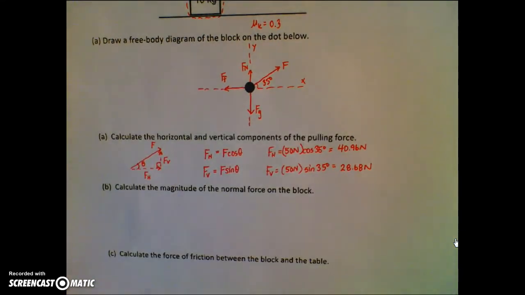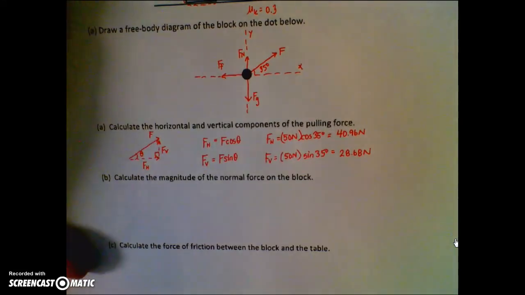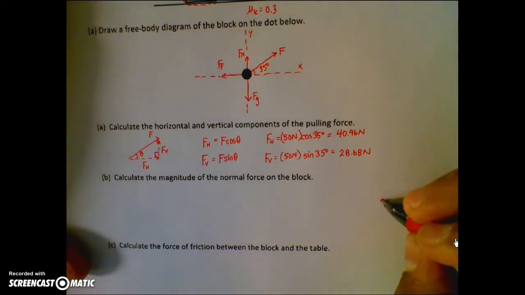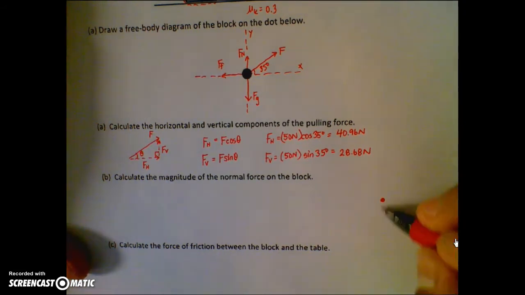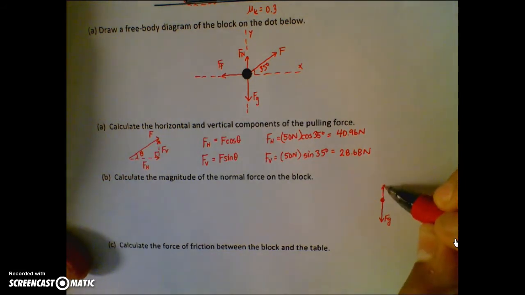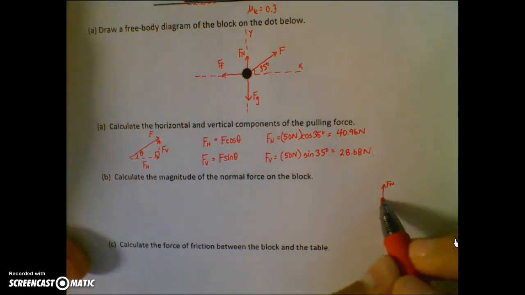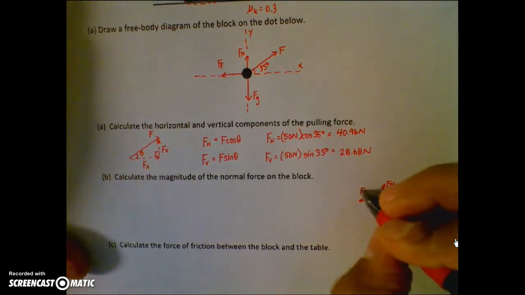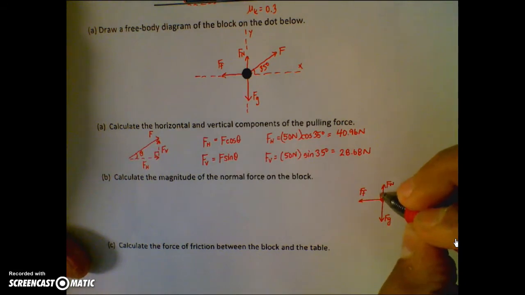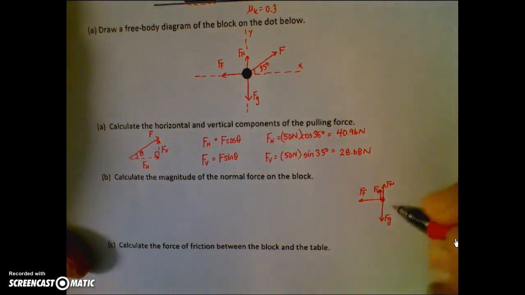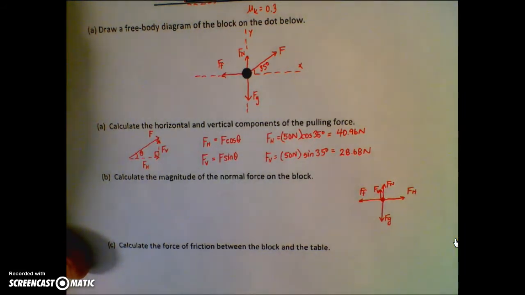Okay, so again, this is the setup. If I wanted to draw a new, almost usable free body diagram for solving, I would say, okay, I have a gravitational force downward, I still have a normal force upward, I still have a frictional force leftward, but now instead of having this force at this angle, really what I have is some vertical force Fv and some horizontal force Fh.